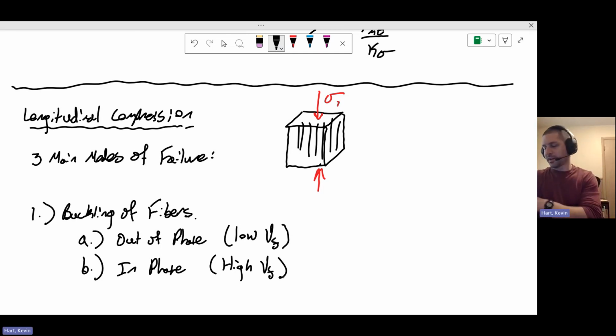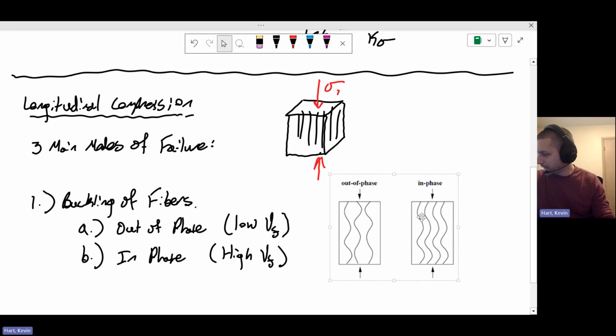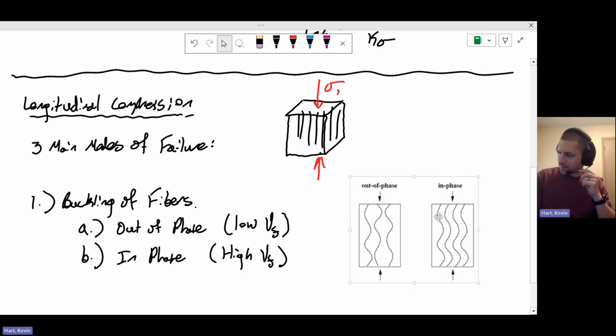Okay, I'm going to bring in a picture here from the slides that shows what these buckling modes look like, and I think it helps make the case for this fiber buckling condition. Here's a nice picture, probably better than what I could draw, of in-phase and out-of-phase buckling. Now you can see what the buckling of the fibers might look like in these cases.